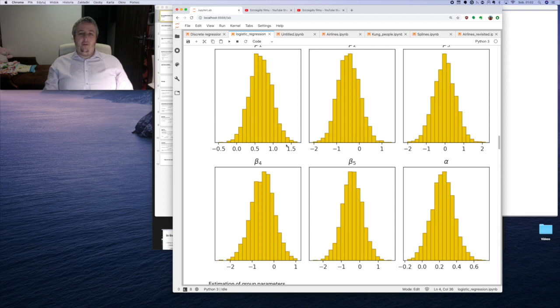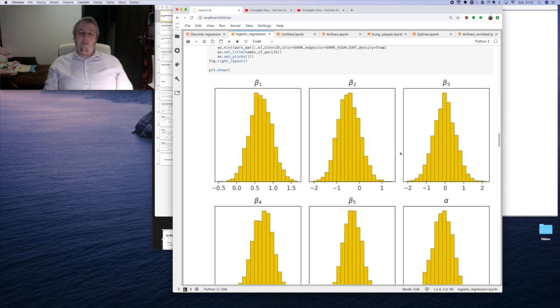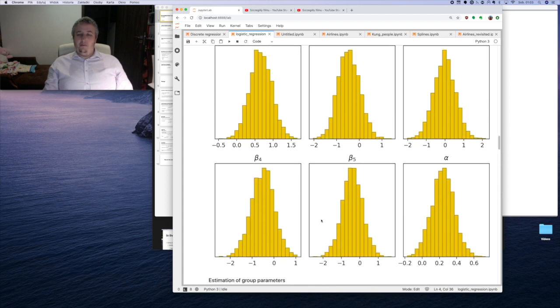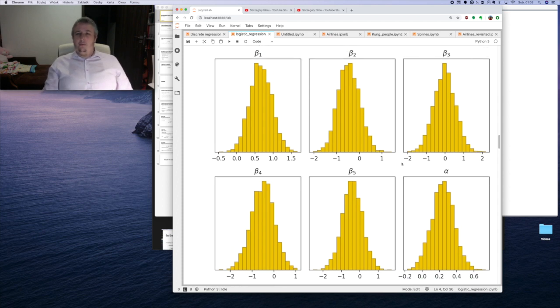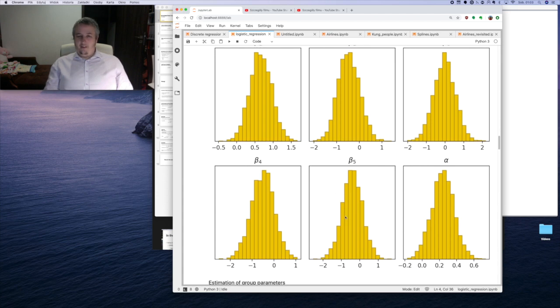So for example, here we have values from 0 to 1.5, and so this is generally a positive value. Others are not that specific. Again, alpha is relatively close to 0. There is a bit of uncertainty on beta 2, beta 3, and beta 4, and especially on beta 2 and beta 3, because most of our mass includes 0, so we are not sure if it is a positive or negative effect in those cases.